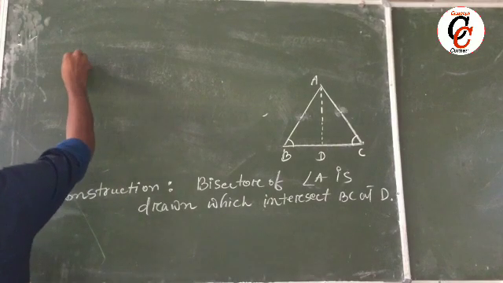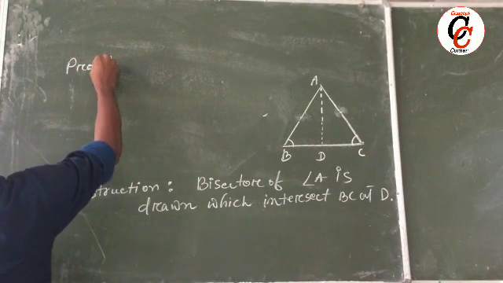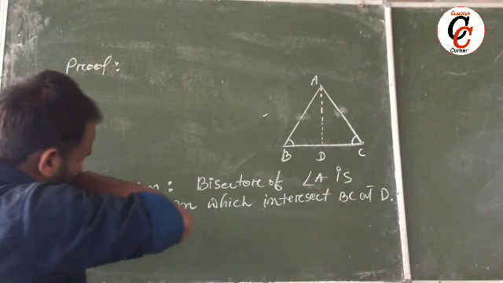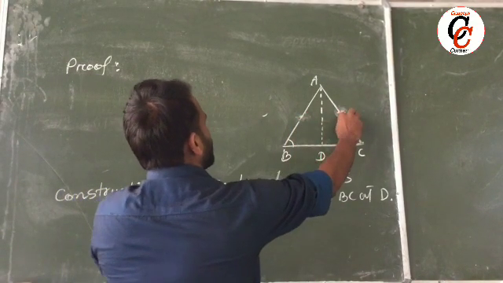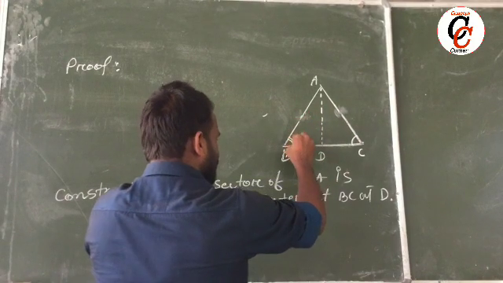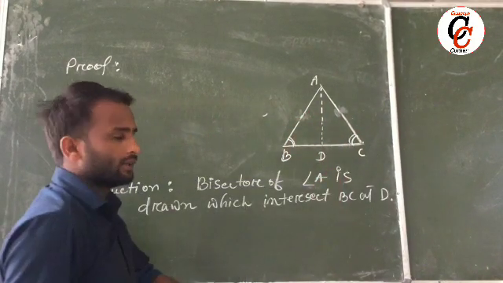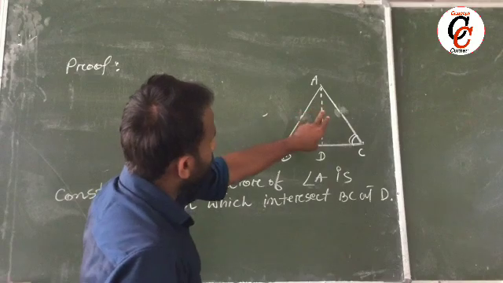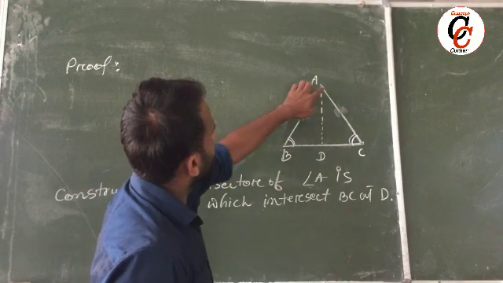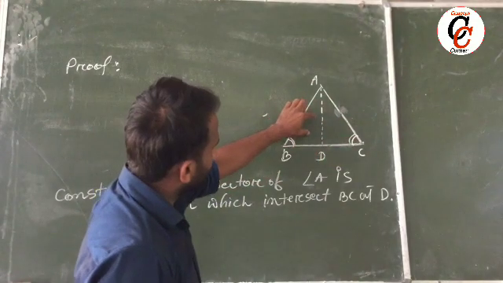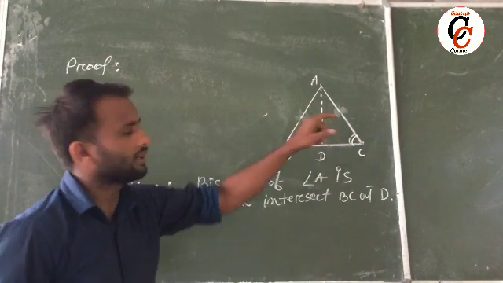Prove. We need to prove that these two sides are equal, and it is given that angle B and angle C are equal. In which two triangles are these sides present? In triangle ABD and in triangle ACD. So we will first prove that these two triangles are congruent.